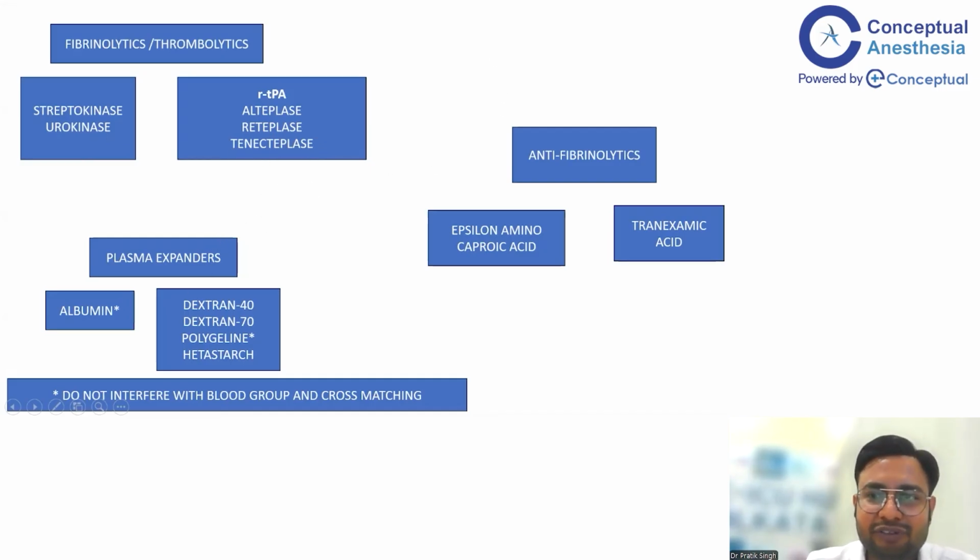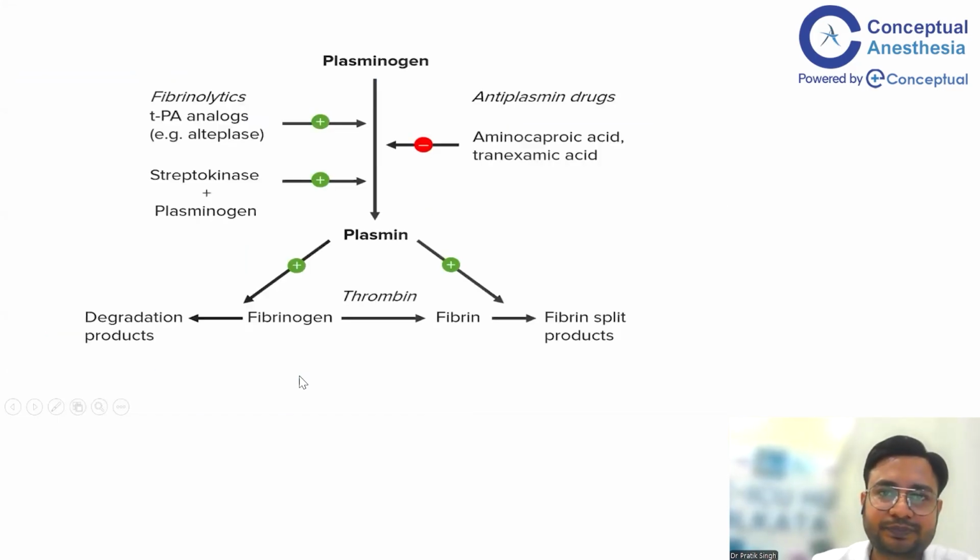And antifibrinolytics act exactly opposite to fibrinolytic drugs. They help in the formation of clots, like epsilon aminocaproic acid and tranexamic acid. The famous name is Tranexa, with which we use it. And others are plasma expanders, which sometimes help in expanding the plasma: albumin, which is one of our plasma proteins, dextran 40, dextran 70, polygeline, and hetastarch. Albumin and polygeline do not interfere with blood grouping and cross-matching.